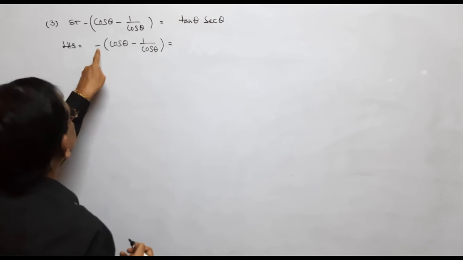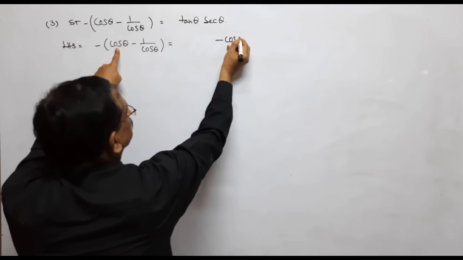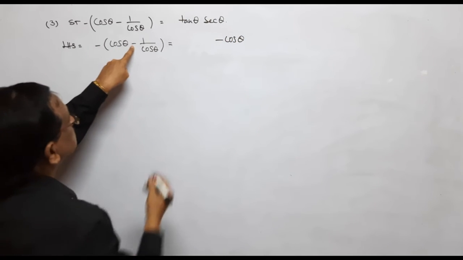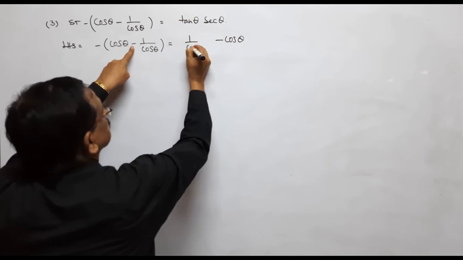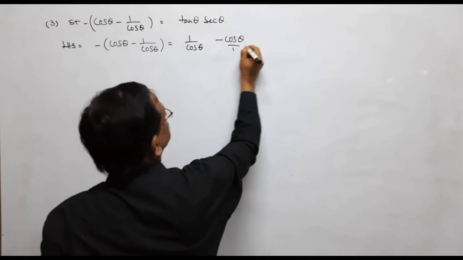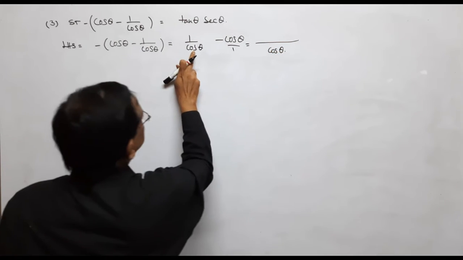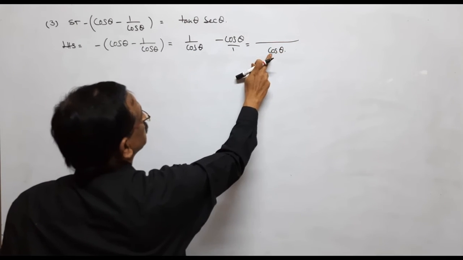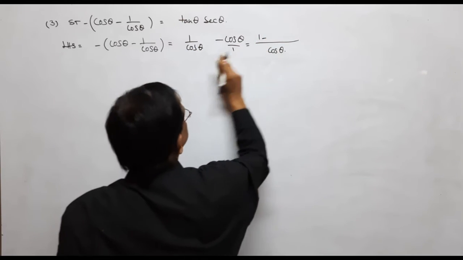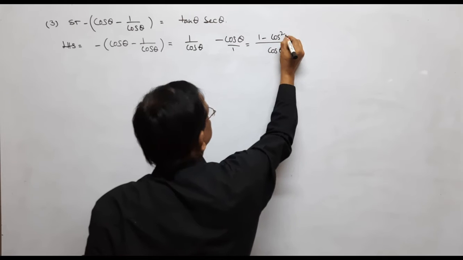This is equal to minus into plus is minus cos theta. Minus into minus will become plus 1 by cos theta. So let us take LCM. You will get cos theta. So cos theta 1 times it goes, so 1 into 1, 1 minus 1 cos theta is cos theta into cos theta is cos square theta.